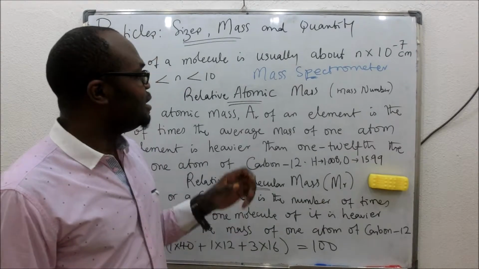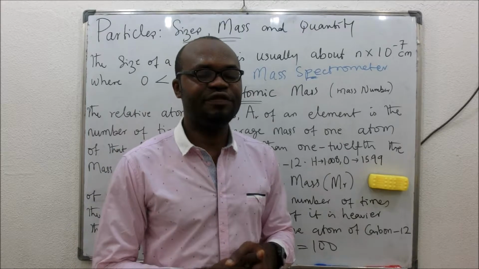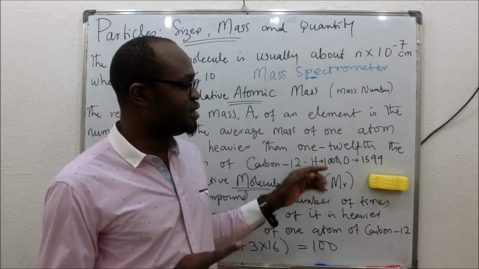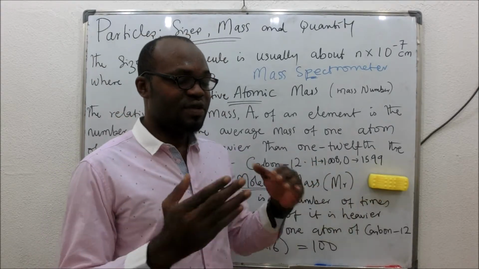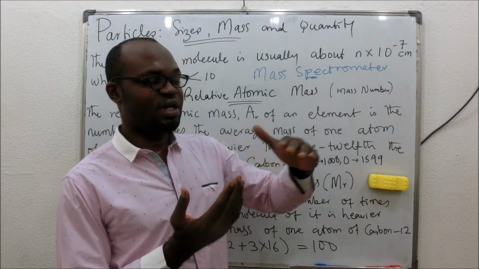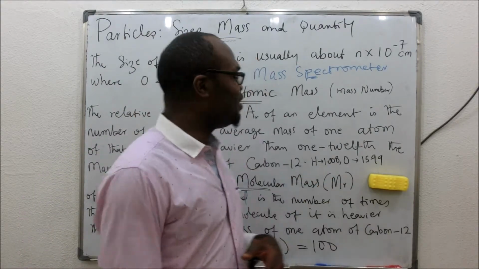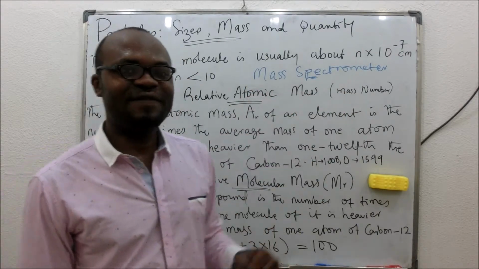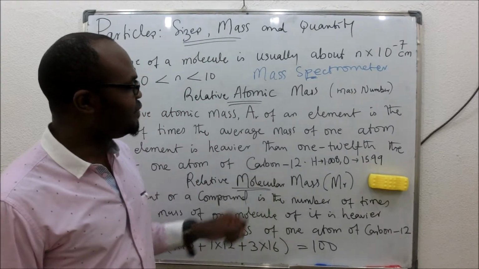Previously, the reference point for checking the relative atomic mass was hydrogen, because hydrogen is the lightest element, so every other element is heavier than hydrogen and was calibrated against it. But in modern times, using the mass spectrometer and observing the fact that there are isotopes, we now use carbon as the reference point.